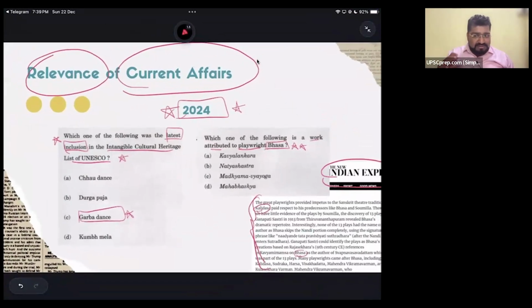Because there were issues going on with respect to inheritance rights of women, and that is the reason there was an article on Mitakshara. There was once a question on Tansen, the title given to him, Mian Tansen. Again, there was an editorial on the story of Tansen and Akbar.